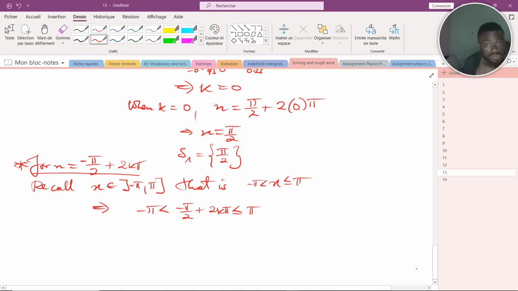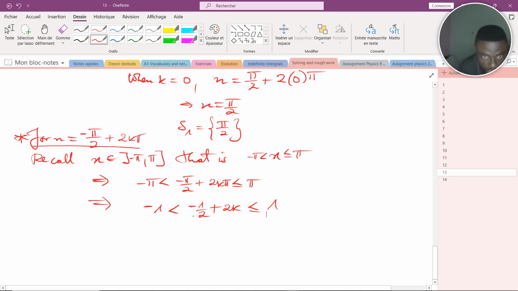Okay, I divide all through by pi because pi is common. So this implies I will have minus 1 less than minus a half plus 2k less than or equal to 1. Now I need to remove this minus a half here. So I'll add a half to each part of this inequality.